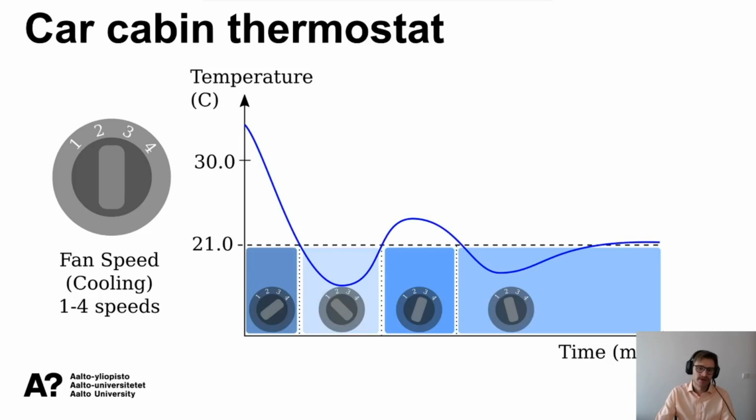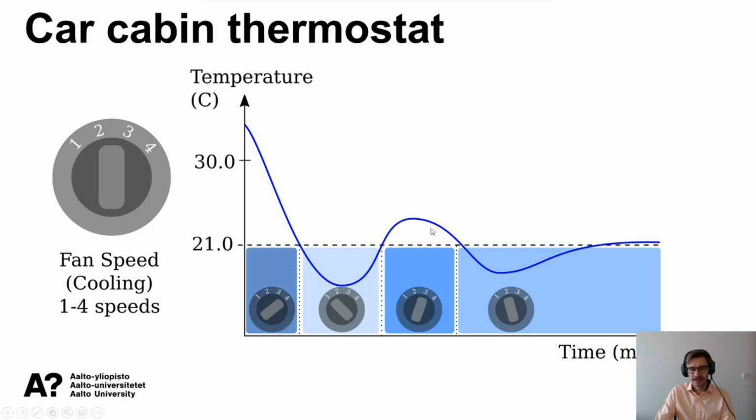Then, if we compare to another approach where you're the controller here, at first you turn up the fan to max setting, max power, and the problem then is that it gets cool much faster, but the temperature gets below the reference temperature, so you need to then switch it to a slower fan speed.